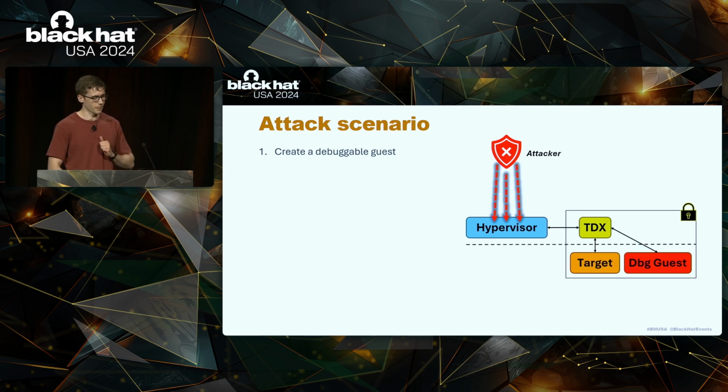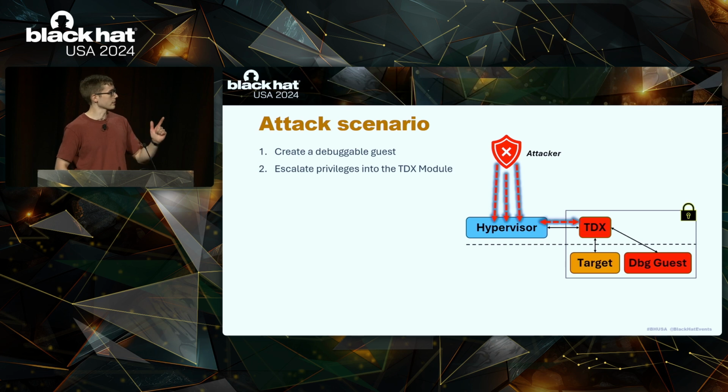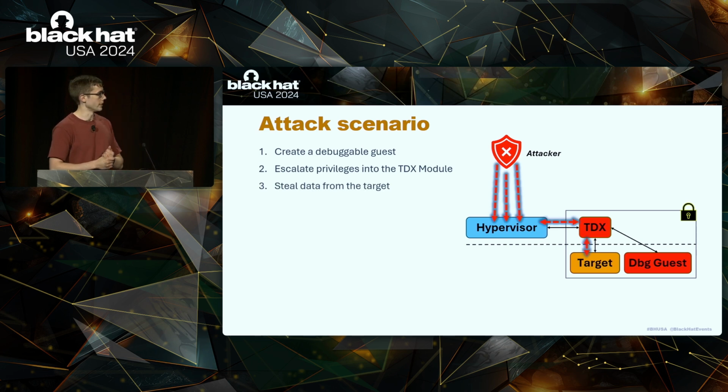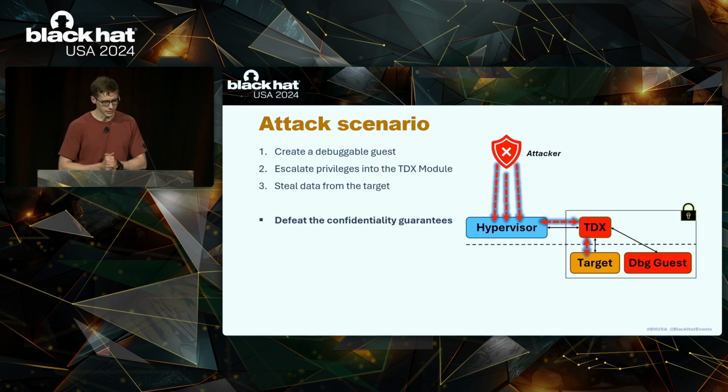Then next step, exploit the vulnerability to escalate privileges into the TDX module via the debuggable guest by enabling processor trace and overwriting the memory of the TDX module. And then number three, once the attacker controls the TDX module, then it's trivial to exfiltrate the customer data. And so with this vulnerability, we achieve a full defeat of the confidentiality promises made by TDX.